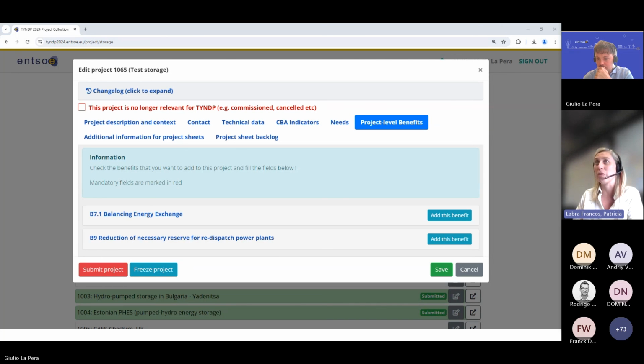What we can share with you is that the priority that ENTSO-E has provided for the CBA assessment is NT, DA, and GA. But we cannot share anything else because we don't know yet. Okay, thank you.